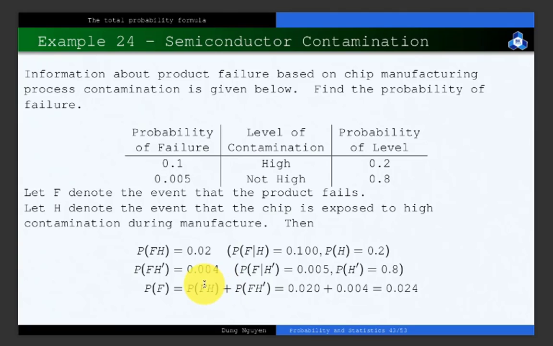And the first term is the product of the conditional probability of F given H times the probability of H. So you get 0.1 times 0.2, which gives you 0.02. The second term, the probability of F H prime, will be the probability of F given H prime times the probability of H prime, which is 0.005 times 0.8, and then you get 0.004. In all, you get 0.024.